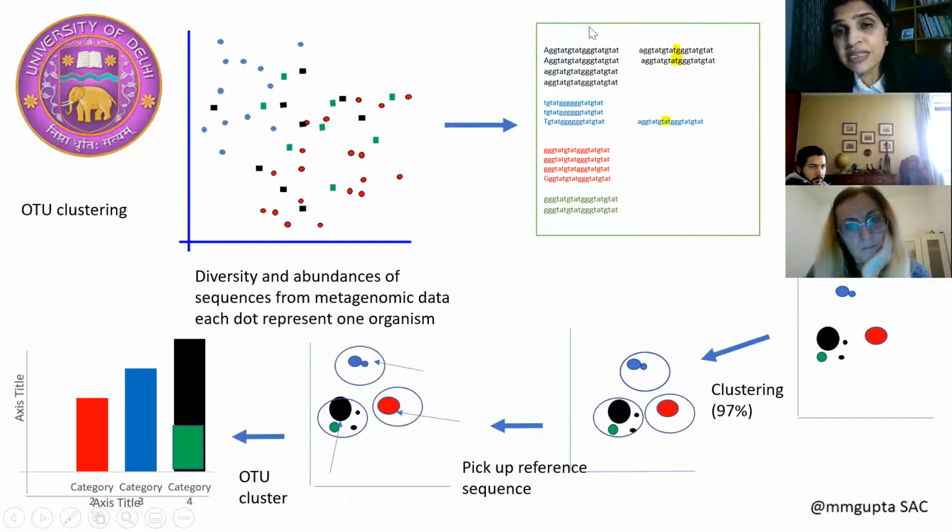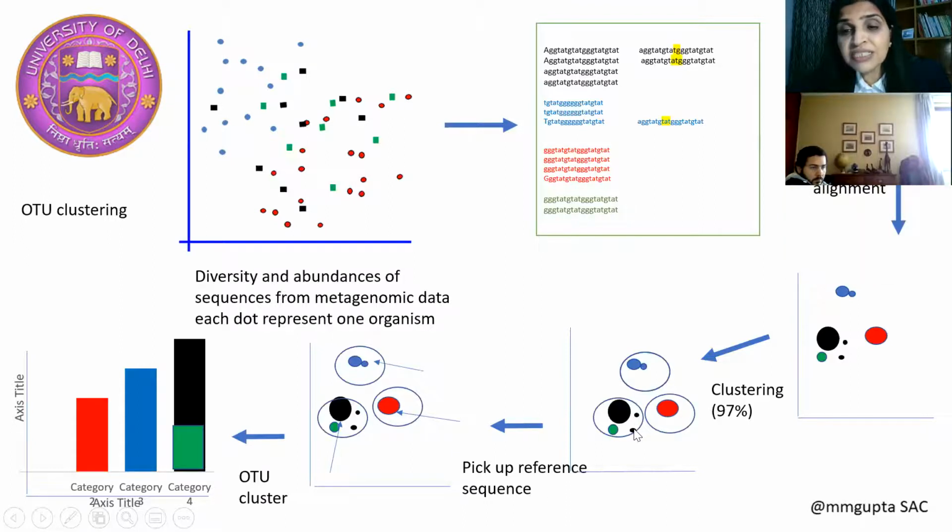For the metagenomic analysis of this data, we do pairwise alignment and clustering. Based on 97% similarity, like typical OTUs, it clusters them into three main groups. Because of these simple sequencing or amplification errors, the green one, which comes from a different organism, got clubbed together with black, as these two errors reduce the distance.